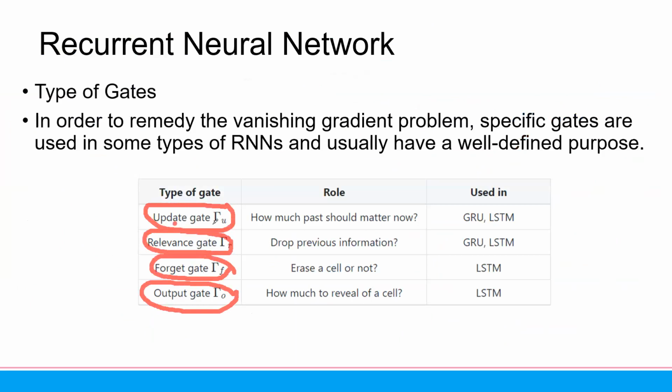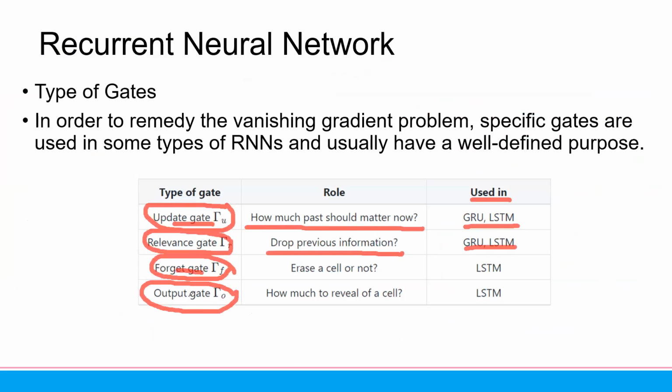What is the update gate? It is how much the past should matter now. It is used in both the GRU and LSTM. The relevance gate will drop the previous information. It is also used in both the GRU and LSTM.